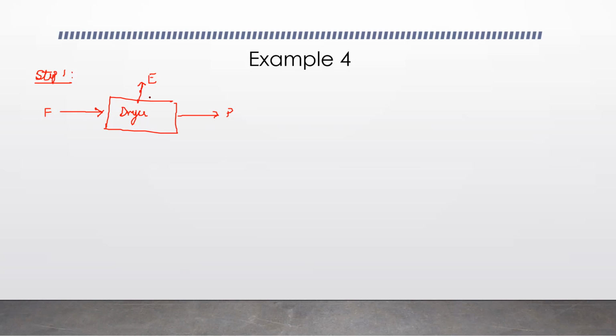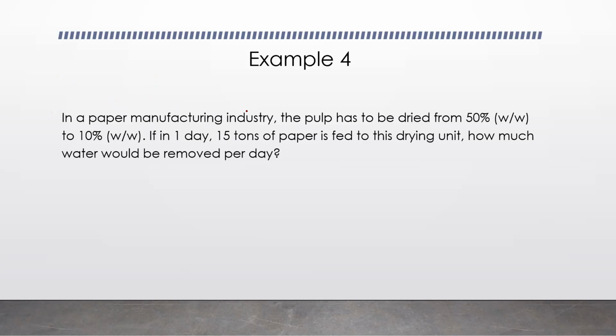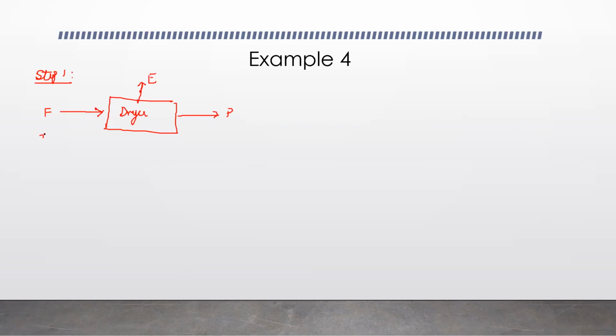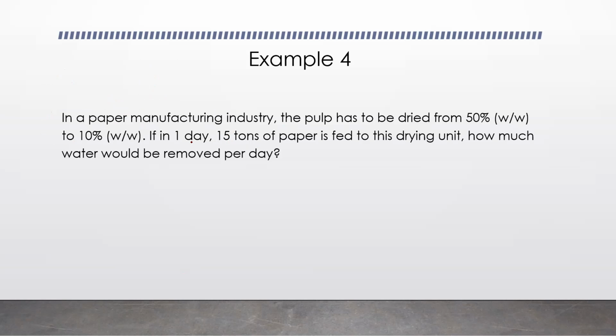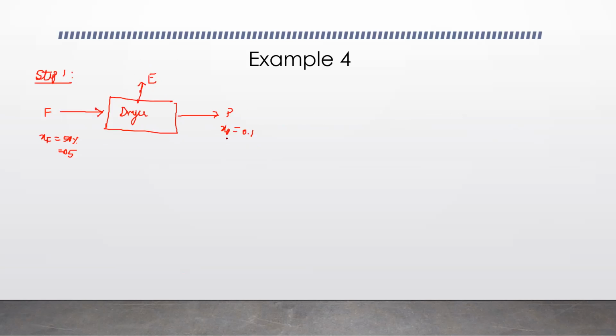All right, so in a paper manufacturing industry, the pulp has to be dried from 50%. So my XF is 50%, that is 0.5, and my XP is 10%, so that is 0.1. All right, so this is the mole fraction of water.